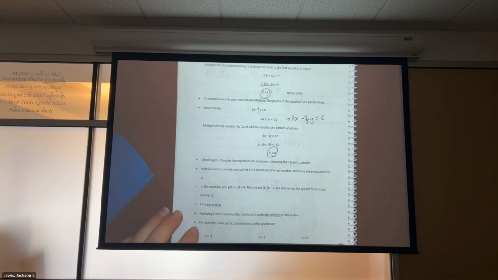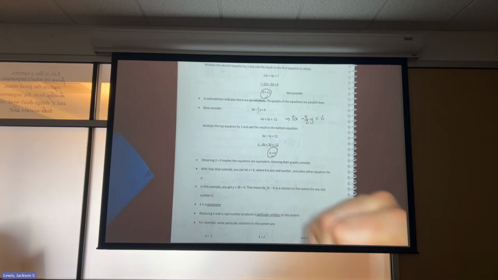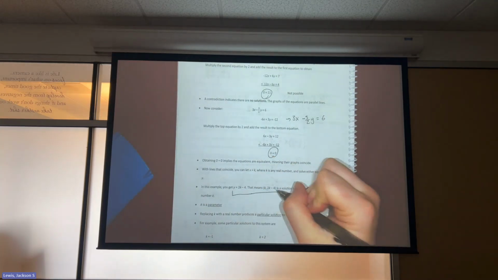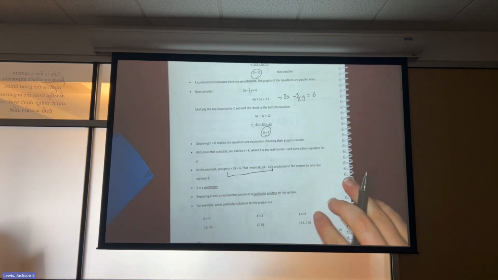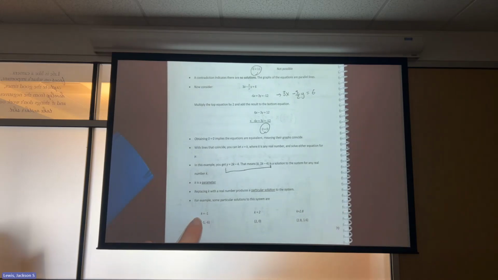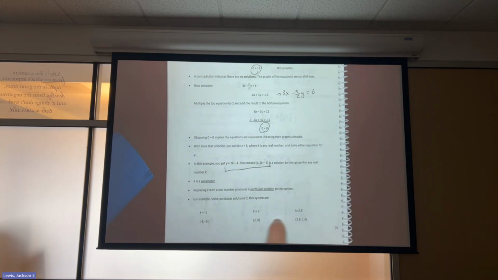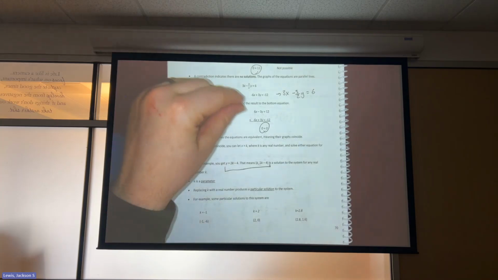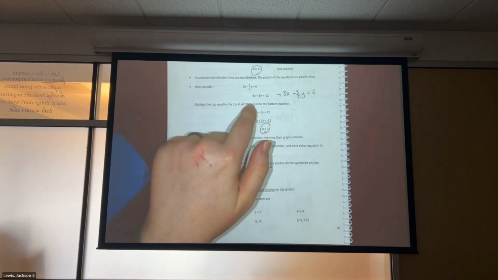For example, consider some particular solutions. If this is my solution set, k and 2k minus 4, I can plug in negative 1, 2, 2.8, whatever. And all of these are going to satisfy both of these equations up here.